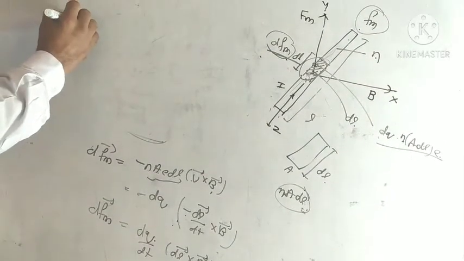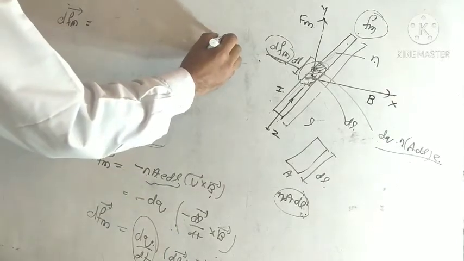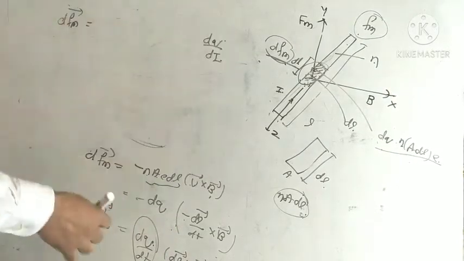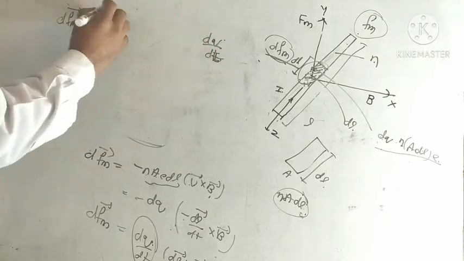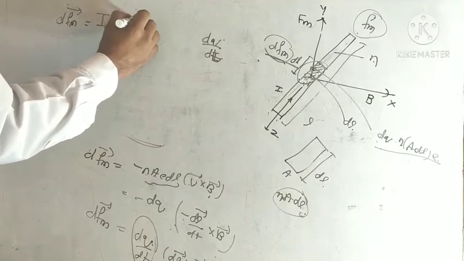So dFm is equal to I, where dq upon dt, the rate of change of charge, is the current: I dl cross B.